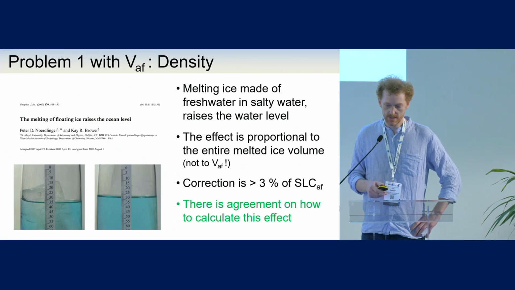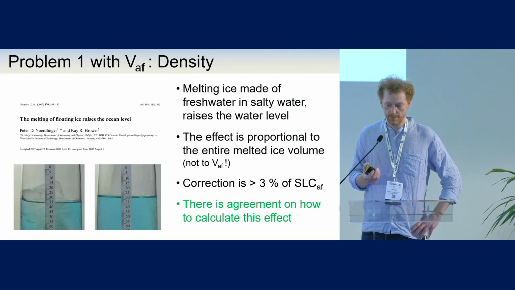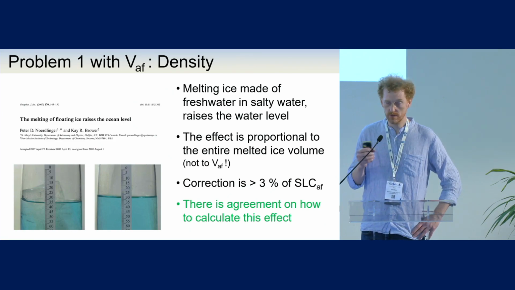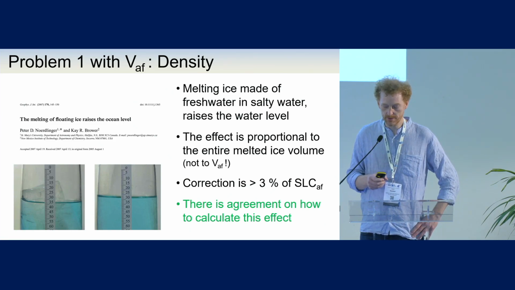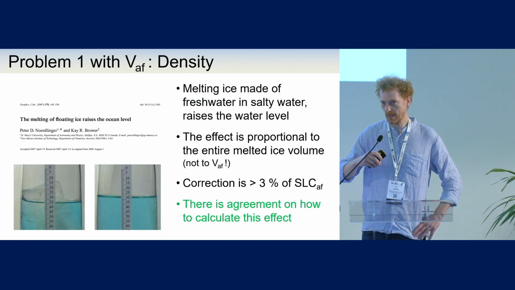The first one is density, because melting ice of fresh water in salty water raises the water level. This effect is proportional to the entire melted ice volume, not proportional to the volume above flotation. The correction that you get from this is more than 3%, because typically you're melting not only volume above flotation, but also volume at flotation.